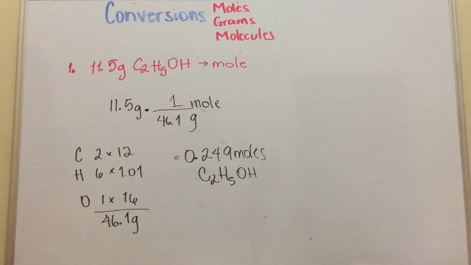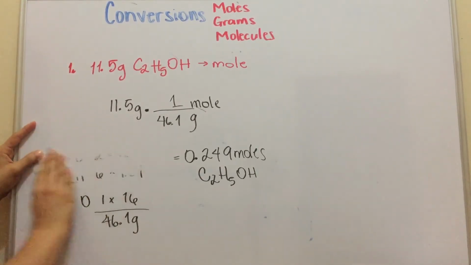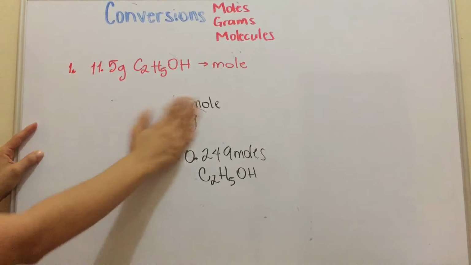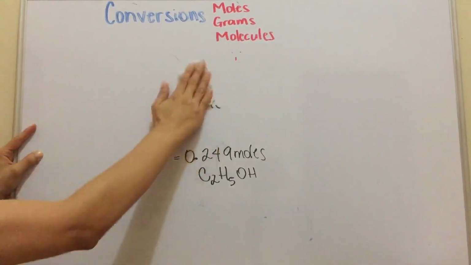And that's it for the conversions from grams to moles. It's really simple, and in this next example we're going to use Avogadro's constant. I don't know if you remember Avogadro's constant, which is 6.02 times 10 to the 23rd power. Avogadro's constant states that 1 mole is equal to a given number of molecules, which is the constant he gave us. So we're going to make an example using Avogadro's constant.